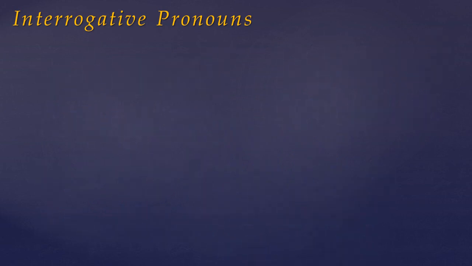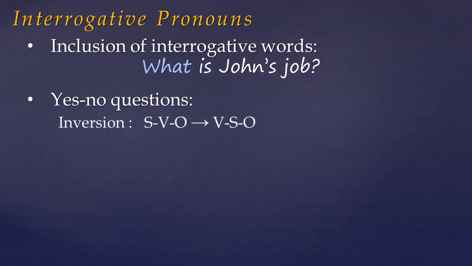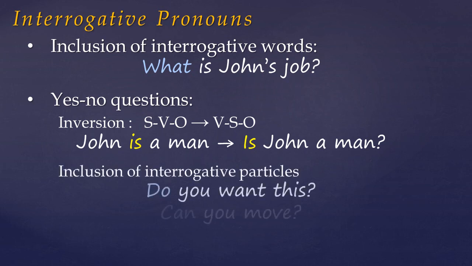But we can achieve this in several ways, one of which is to head the sentence with an interrogative pronoun or adverb. But yes and no questions can simply be implied by reordering the sentence, placing the verb first. Or what's called an interrogative particle can be inserted. And yes, these are actually auxiliary verbs, but I'm using them to build a comparison for Pali.